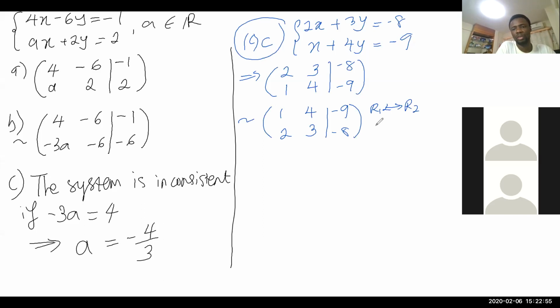You can write it here if you want, but I think 1 is enough. I forgot to write this one: row 2 is now changed to row 1 and row 1 to row 2. Don't forget that.